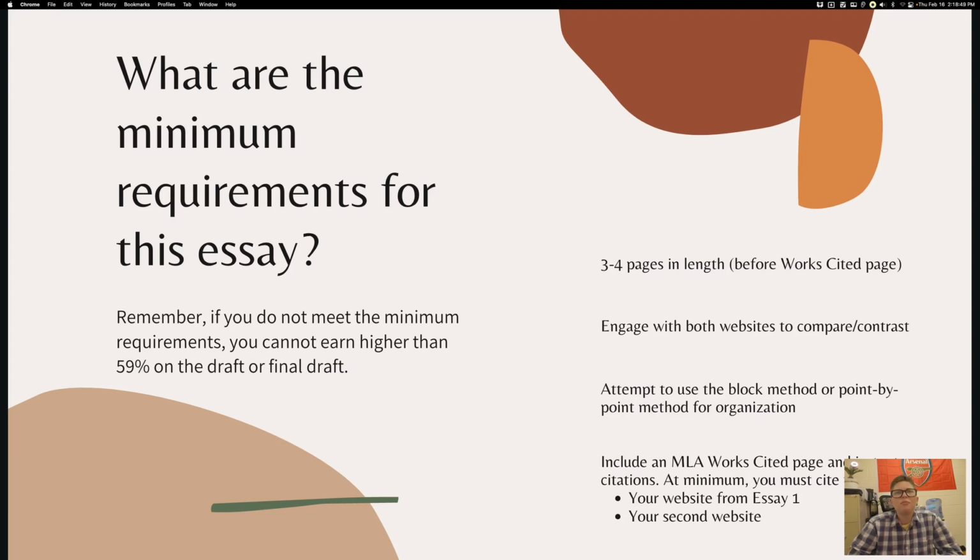Include an MLA Works cited page and in-text citations. At minimum, you must cite to your website from Essay 1 and your second chosen website, okay? It's really important that you cite every piece of information that you use from the website, from any other website that you might be referencing, okay?